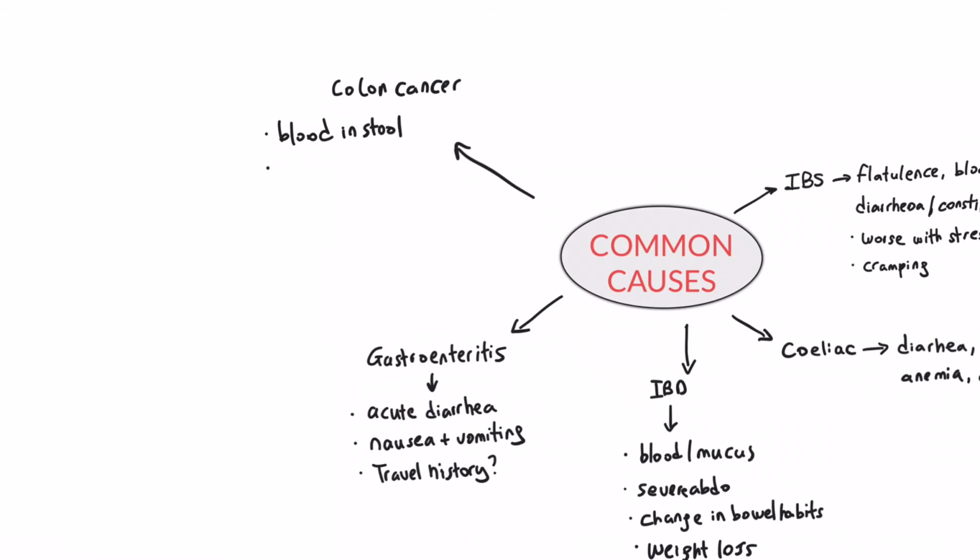As soon as there's blood in the stool, you need to think IBS, IBD, malignancy really, or maybe diverticulosis if they are elderly. Those are the main things I would think of, depending on the type of case that they present to you. Again, weight loss, obviously unexplained weight loss.